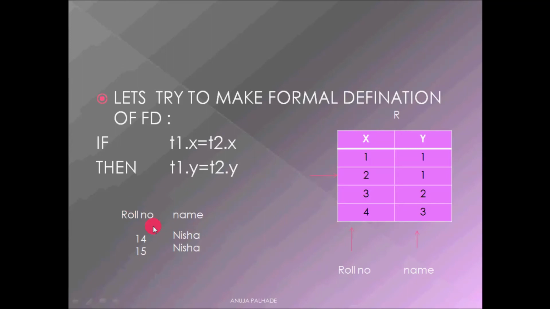If I say, Nisha, tell me your roll number, which Nisha is going to give the answer? So this is the confusion. It means roll number determines name, but name doesn't determine the roll number here.